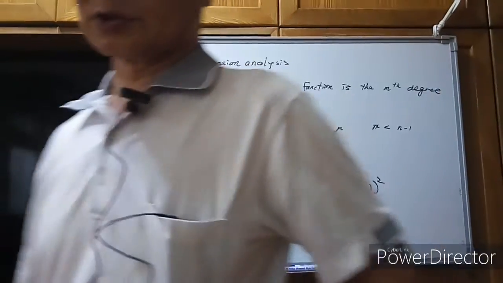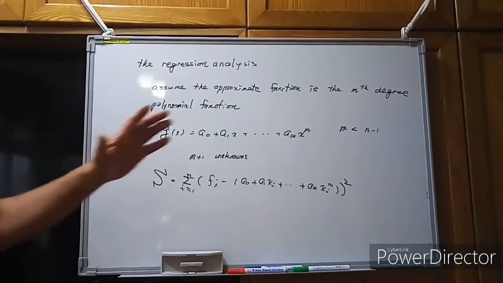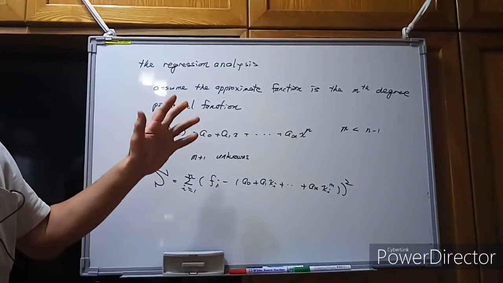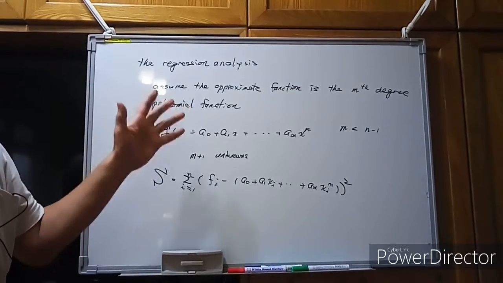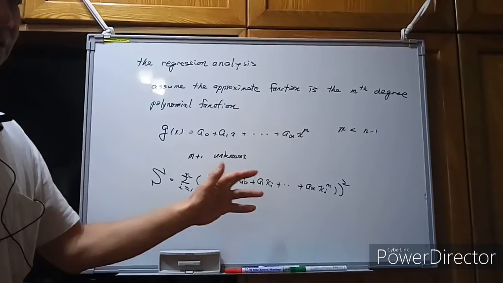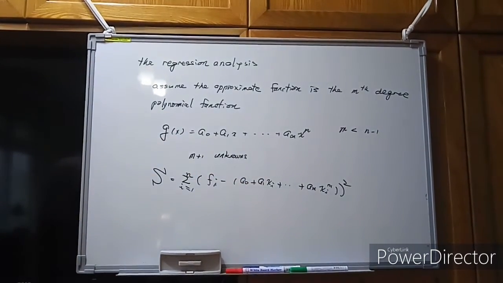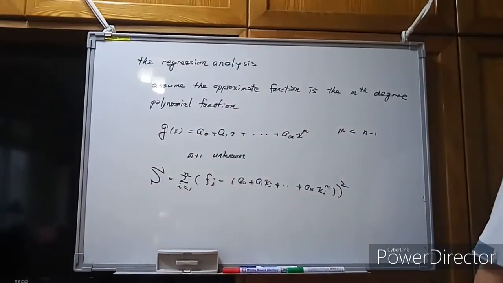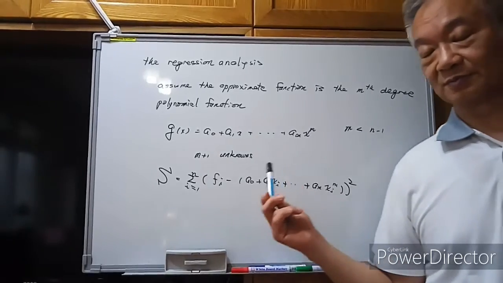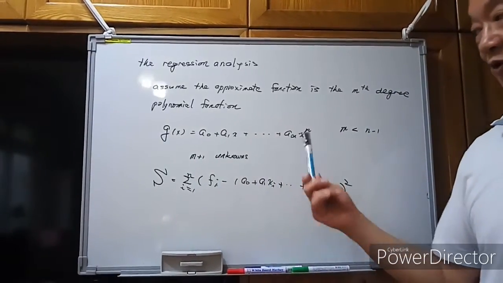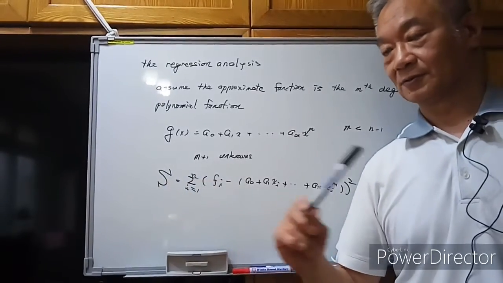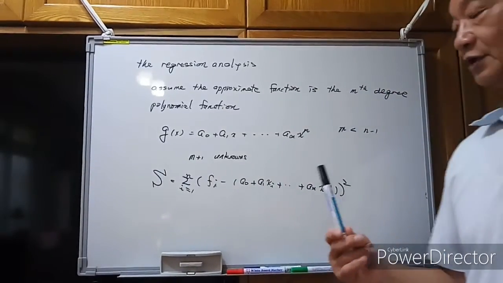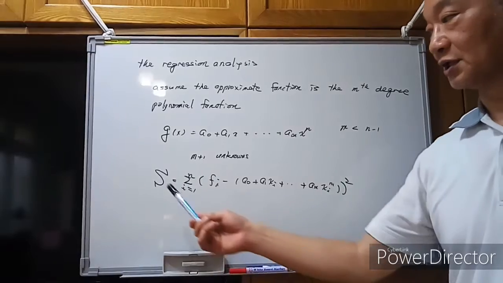And if we calculate the square of the error, so it means no matter the error which is positive or negative, okay, no matter the fi is larger than the estimated value, or the fi is less than the estimated value, and they both of the positive and the negative values of the ei, it will contribute to the capital S. Okay, so the square will make the positive values or the negative values, they will all contribute to the capital S.